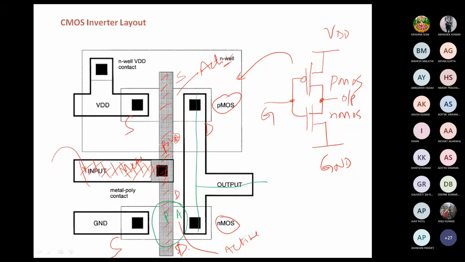So the N well is connected to the highest potential, as happens in the PMOS. The source and this well, that is the substrate, the N well for the PMOS, are connected with the source here. They are connected to the VDD.